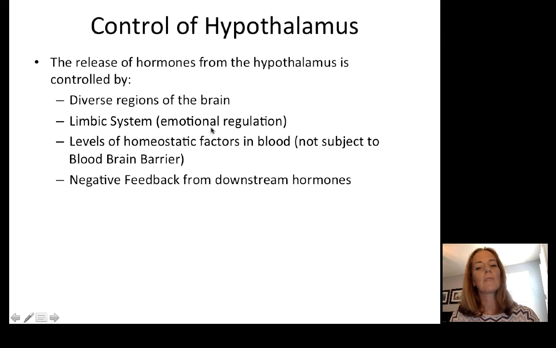There are emotional regions of the brain, the limbic system, that can affect hormone control. There are levels of homeostatic factors in the blood that can affect the hypothalamic control. And there's a lot of negative feedback from downstream hormones that can affect the hypothalamus. So the manager as well can be regulated.